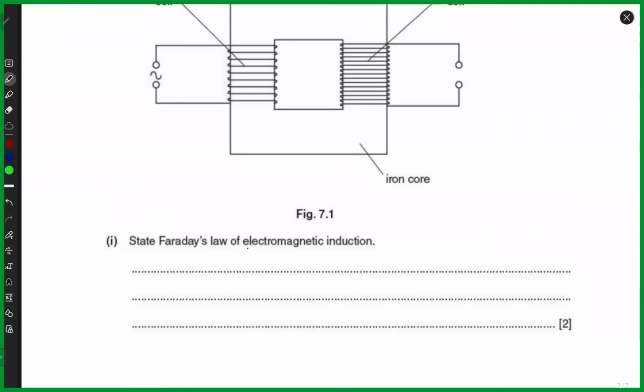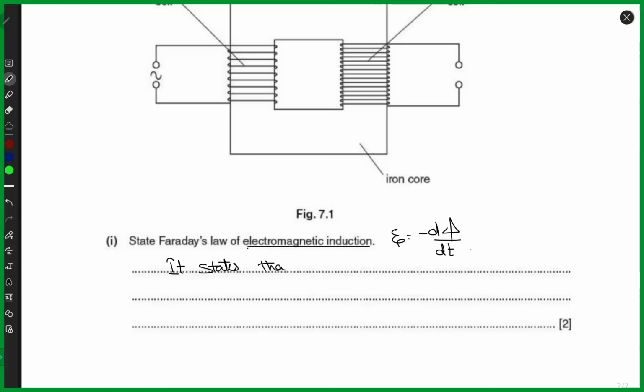You can just remember the equation, which states that the EMF induced in a coil is directly proportional to how fast the magnetic flux changes, minus dΦ/dt, the change in the magnetic flux linkage. So you just have to write down this expression in words.